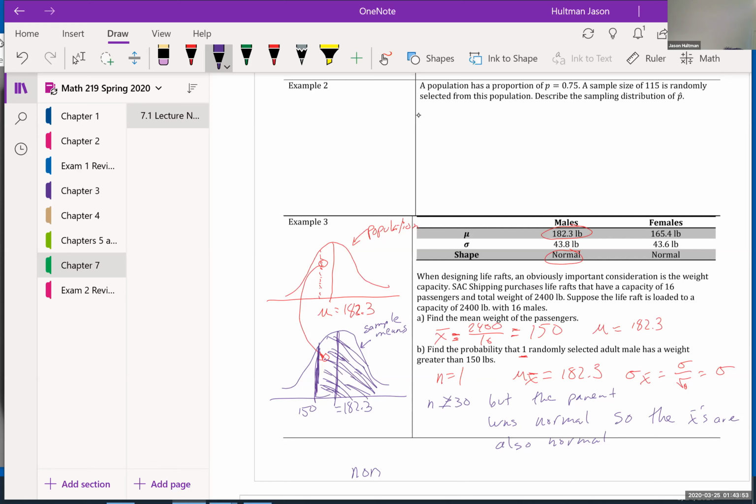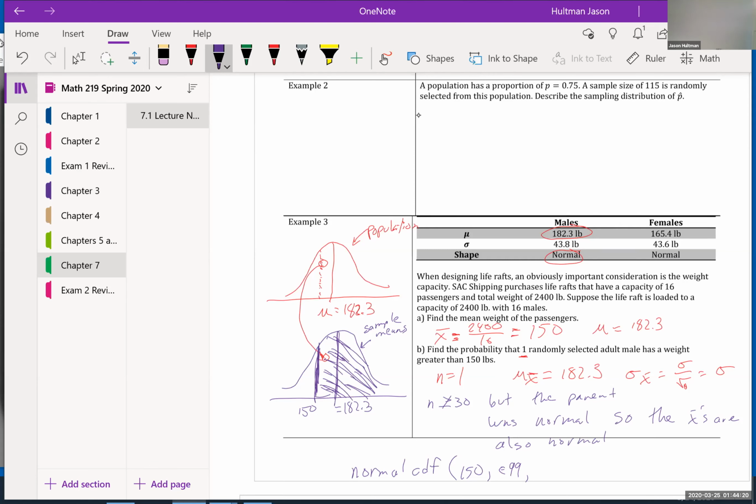Normal CDF. Where are we starting? We're starting at 150 and going to infinity. We want the probability that one of these people is 150 or larger.